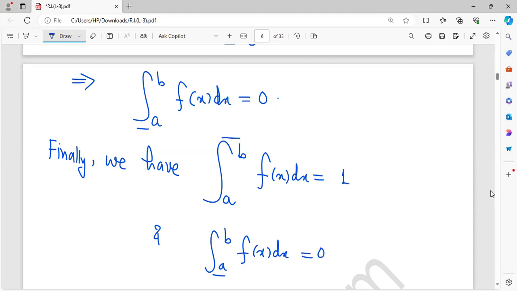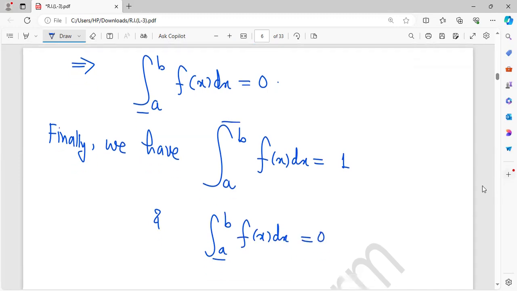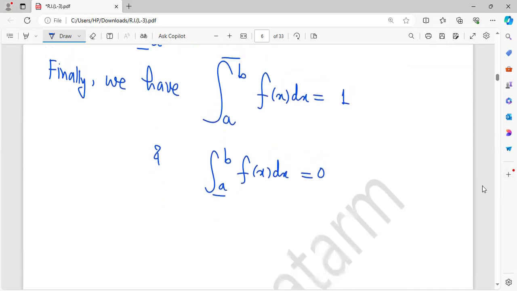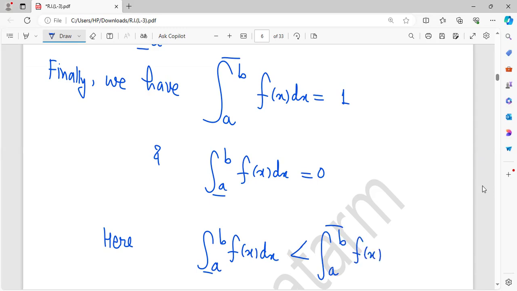Here the lower integral is strictly less than the upper integral.